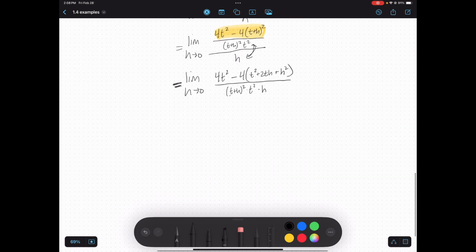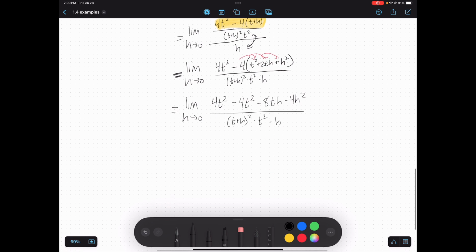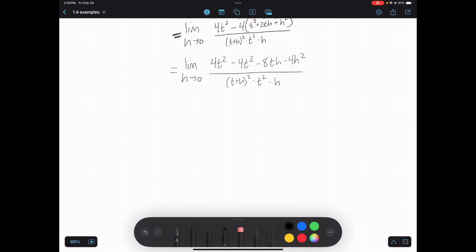So now we can distribute this negative 4 to each of these terms. And I'm left with the limit as h approaches 0 of 4t squared minus 4t squared minus 8th minus 4h squared over t plus h squared times t squared times h.